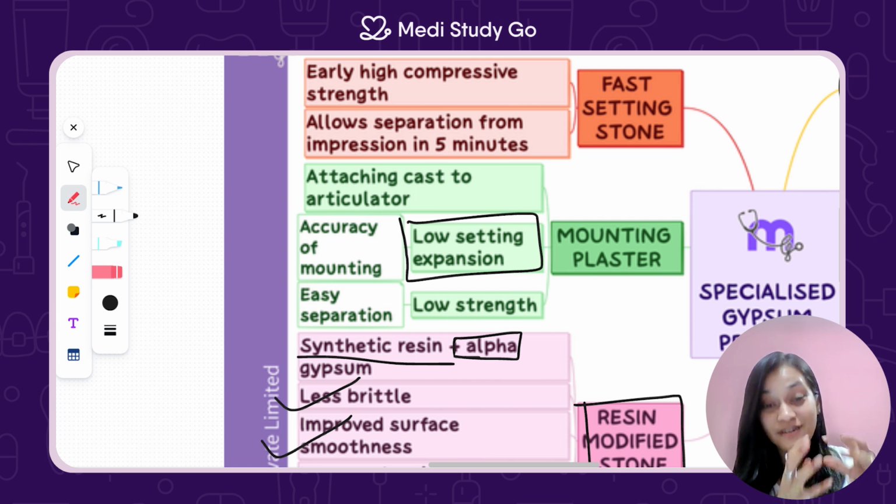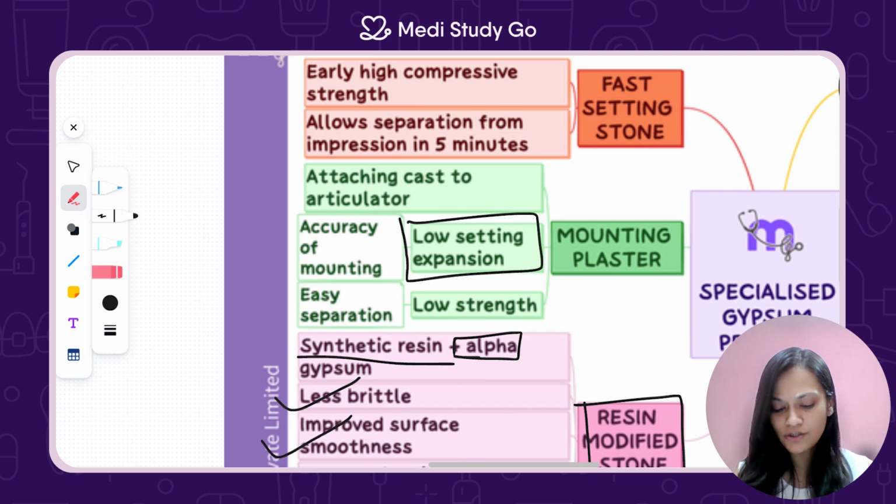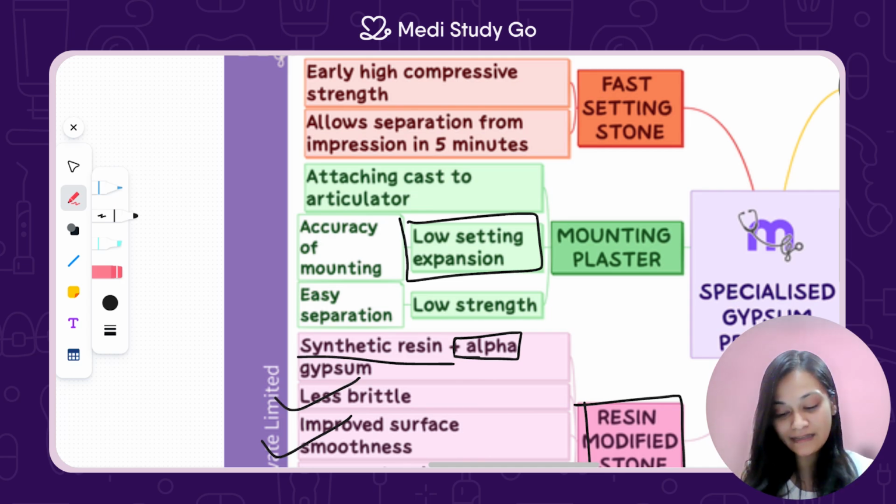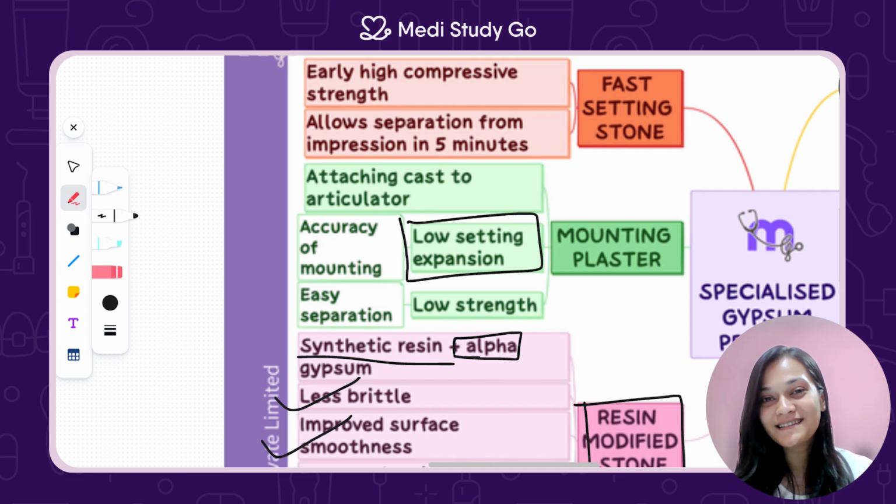Because the setting expansion is high and that leads to detachment. In order to avoid that, what you need to do is just use your mounting plaster because it has an alteration that actually leads to lowering down the setting expansion by adding modifiers. Which modifiers? We have discussed in the last lecture. You need to tell me in the comment section.